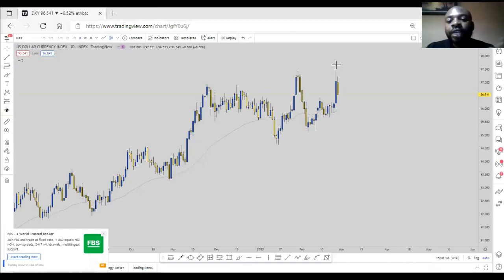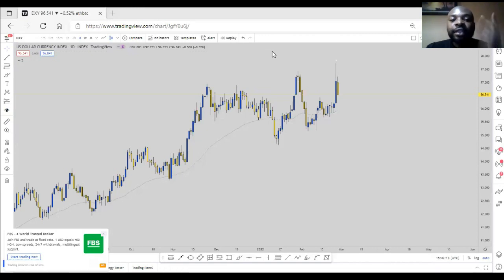If you've been following my analysis on the group page, you will see that I always post my DXY and my yen basket before I start to trade for the week. I want to look out for what is going to happen across the board for USD, and also for the yen basket.